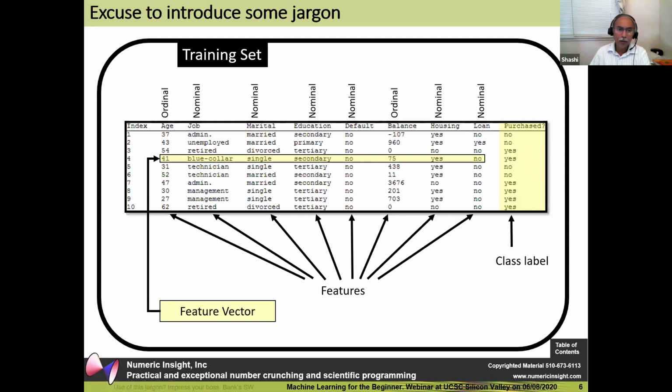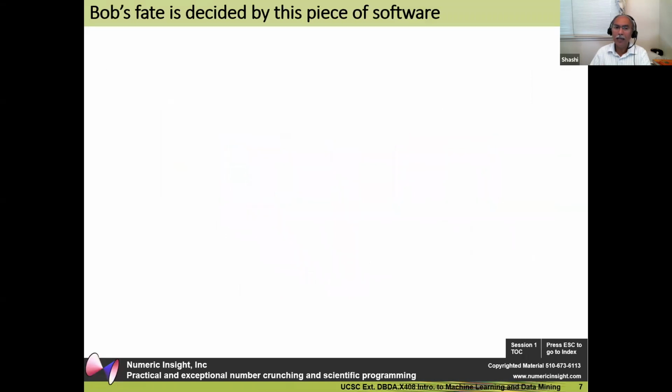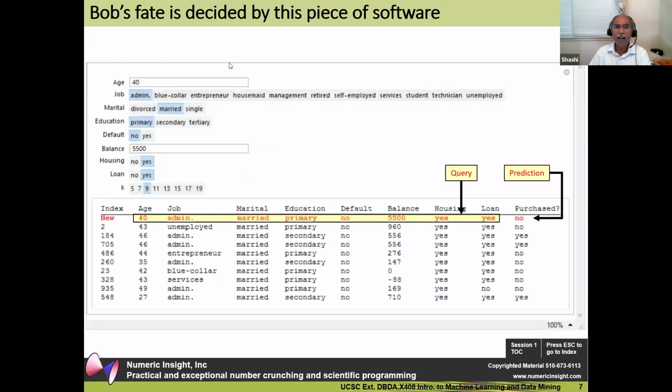Well, I want to show you the software that is used by the bank, the software that Alice sees just before she makes a decision. Shall I call Bob or shall I skip? Okay, so Bob's fate is decided by this piece of software. You can see here that Alice has entered, using this interface, Bob's specifications.